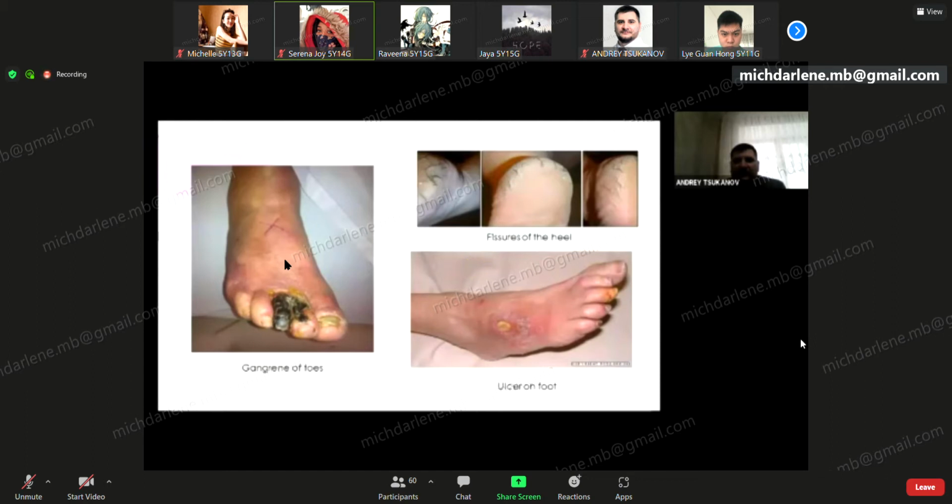Also formation of fissures of the heel, ulcers, gangrene.